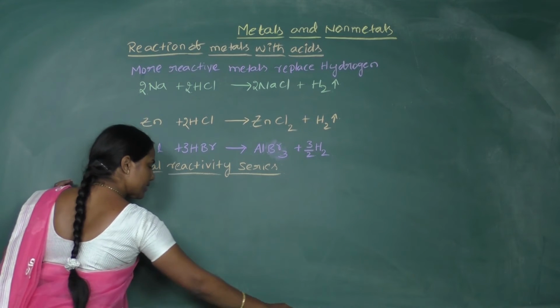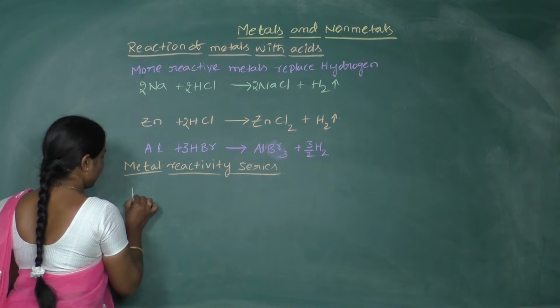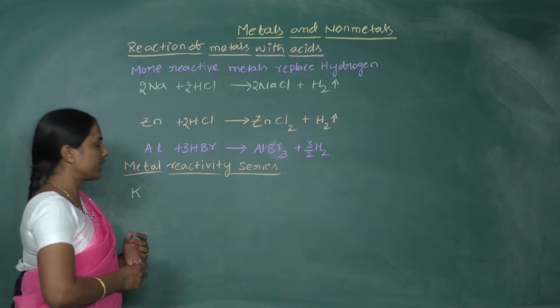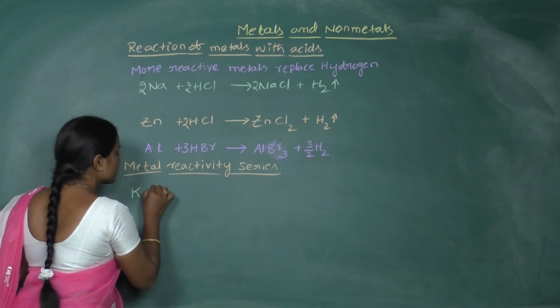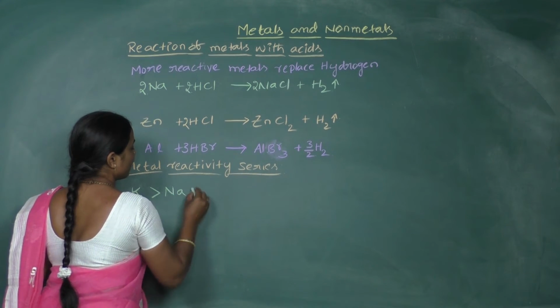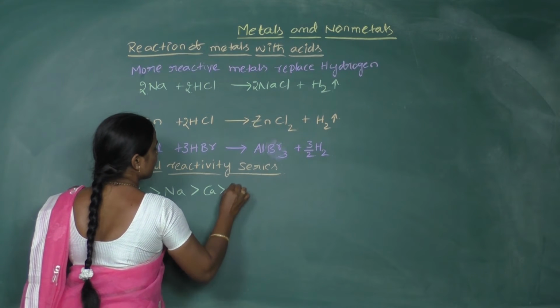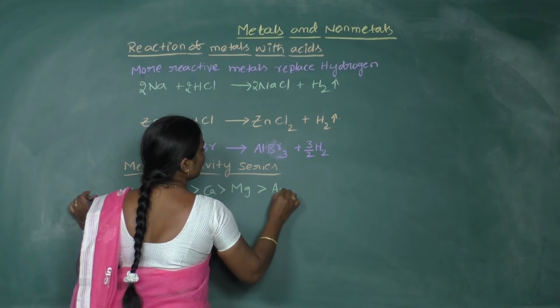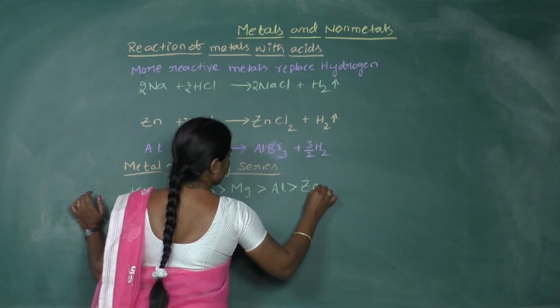If we see the decreasing order of reactivity of elements, I'm selecting the most frequently used metals here. Potassium is supposed to be the most reactive. After that, sodium, and then calcium, magnesium, aluminium, zinc.